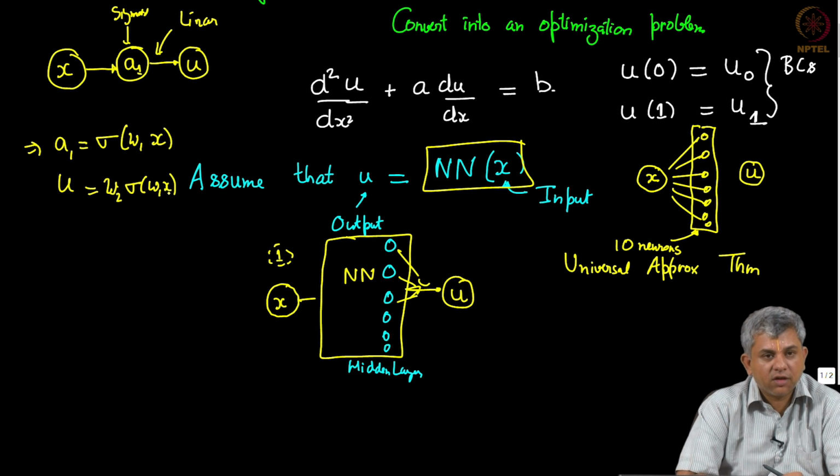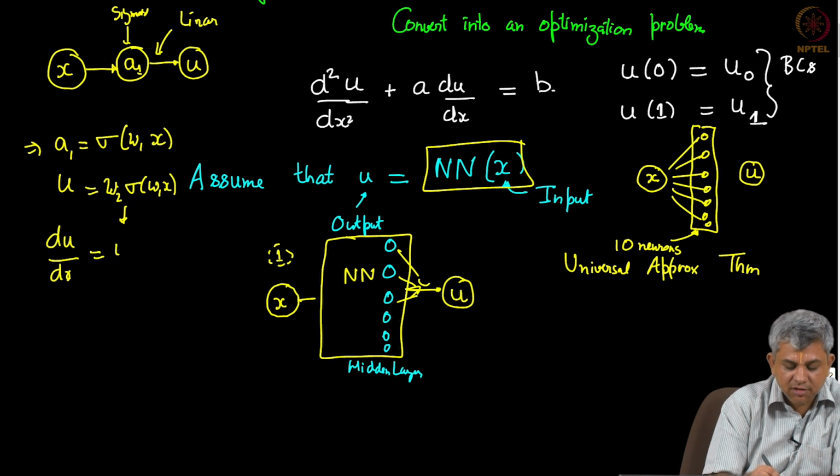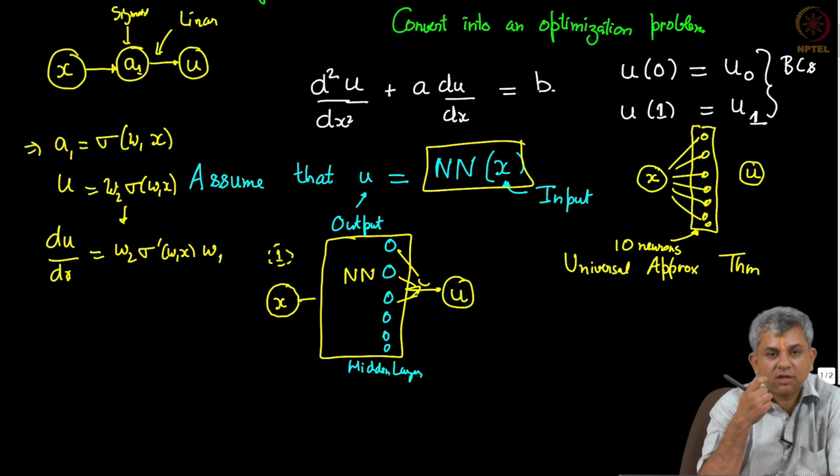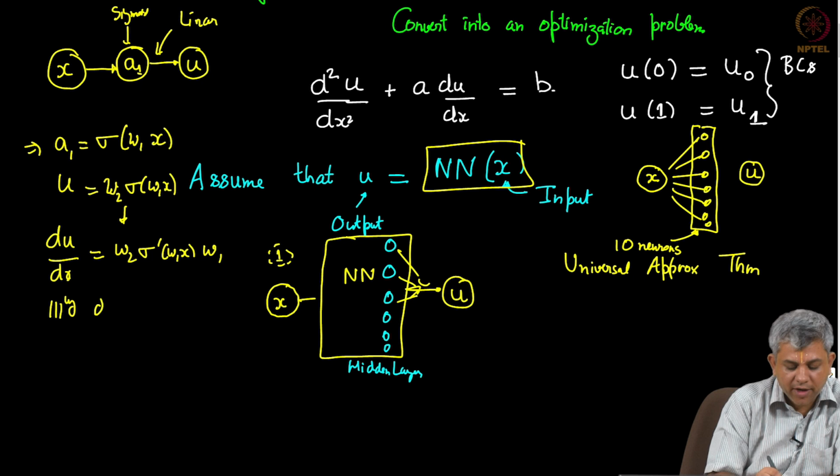Okay. Now, suppose I want du dx, I can actually calculate this analytically. I can write this as W2 sigmoid prime W1 x times W1. Similarly, you can calculate d square u dx square, etc.